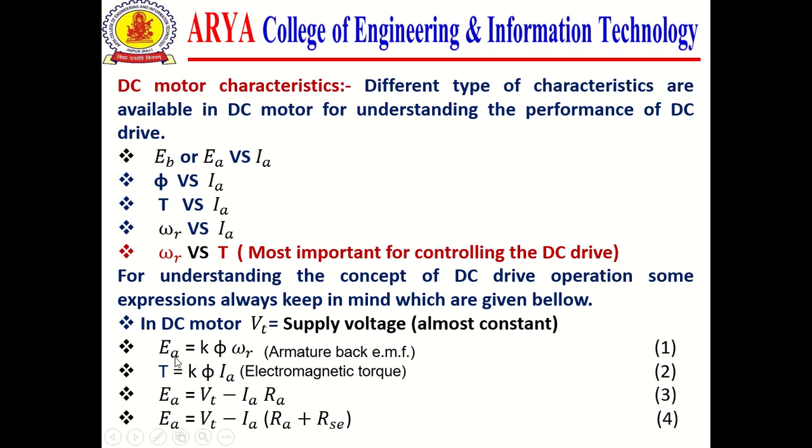Here Ea is the armature back EMF, related to K phi omega, and torque is K phi Ia, where K is a constant, K = P phi NZ upon 60. And the armature voltage is Vt minus Ia Ra.